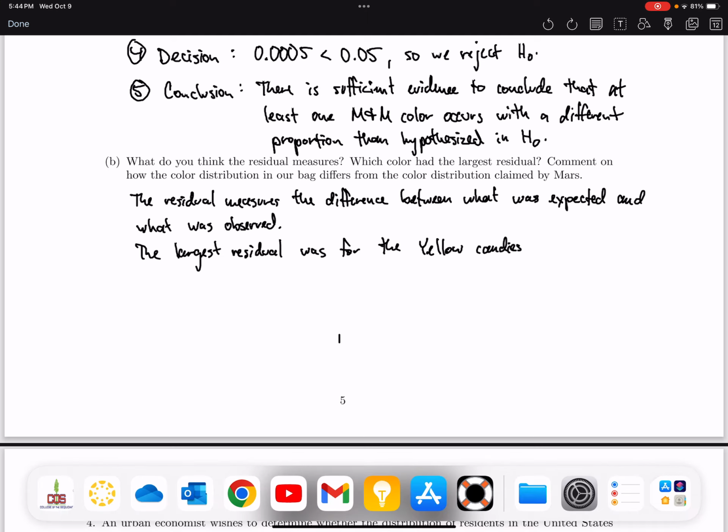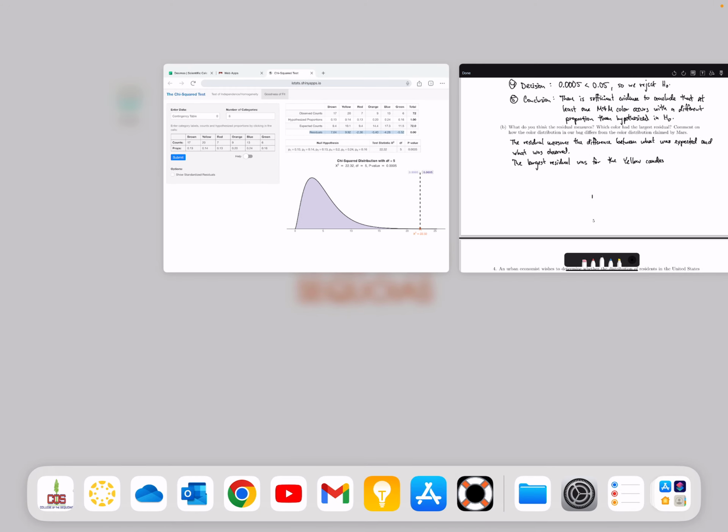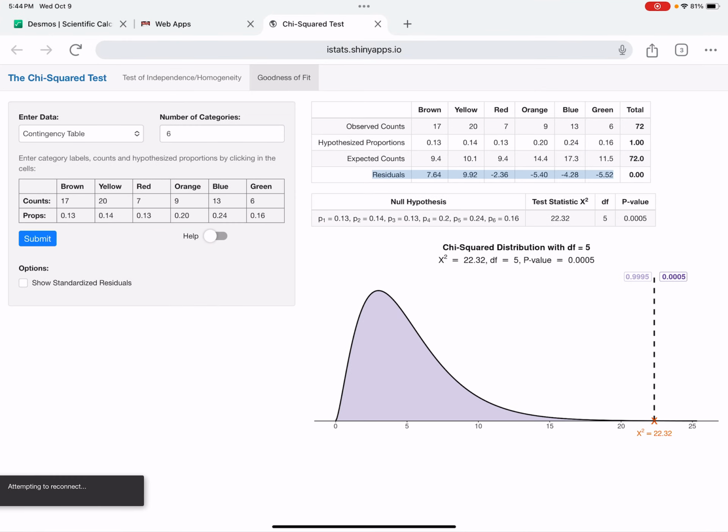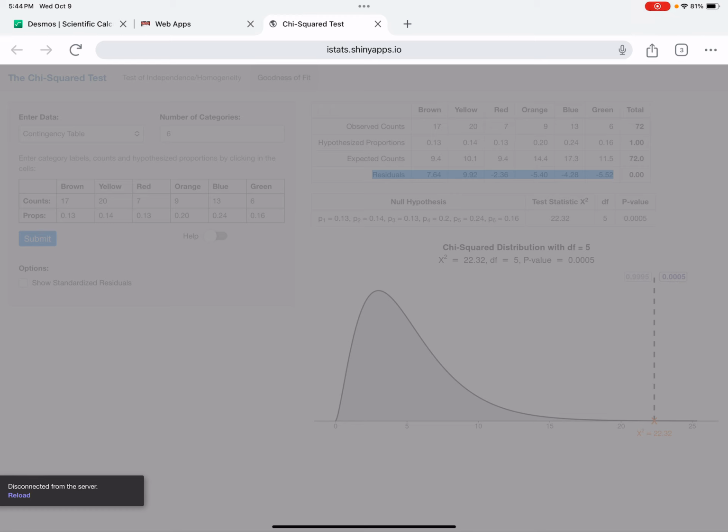And let's see if they'll still let us look at this. So looking at those residuals, yeah, yellow was the largest. I know it just grayed out, but we can still kind of see it. Yellow was the largest. Brown was also fairly elevated. So it looks like there are more brown and yellow candies and fewer of the other colors.